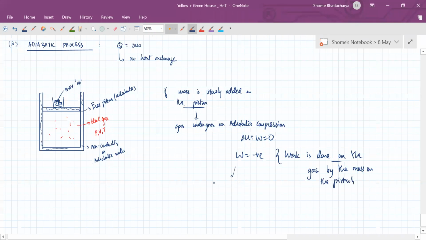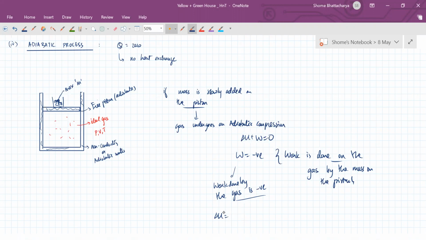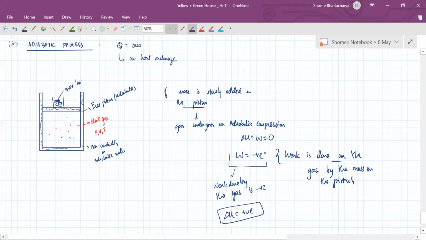So work done by the gas is negative, and delta U will be positive. That is what happens in an adiabatic compression.